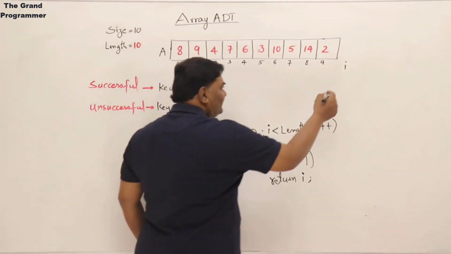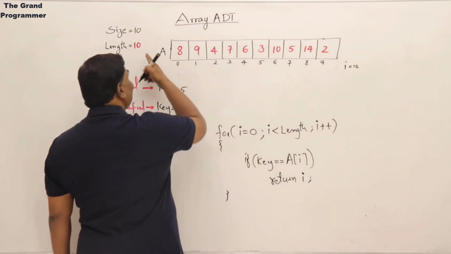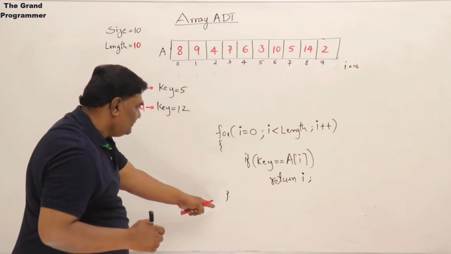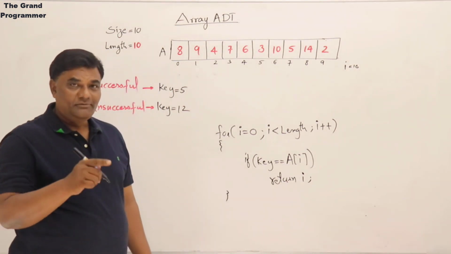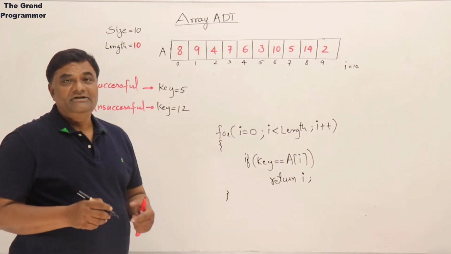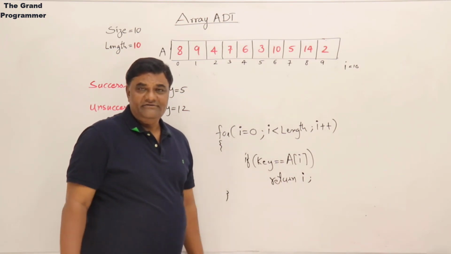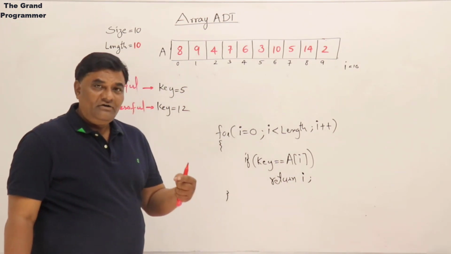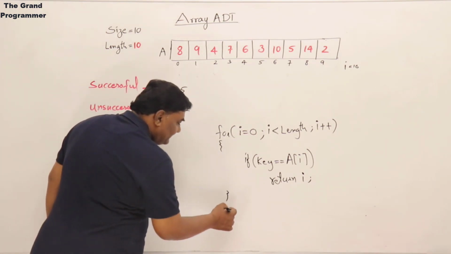Now I became 10, and 10 is not less than 10. So it will come out of the loop. If it is not finding a key element, then it will come out of the loop. If at all the key element is found, then it will return, meaning stop the procedure right there. If the key element is not found, it will come out of the loop. Then outside the loop we can say return.